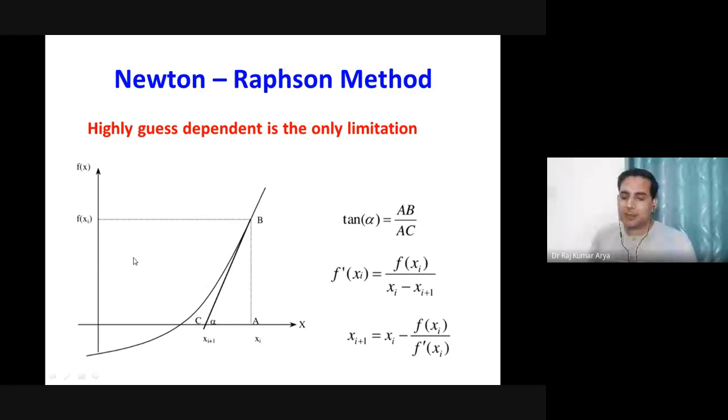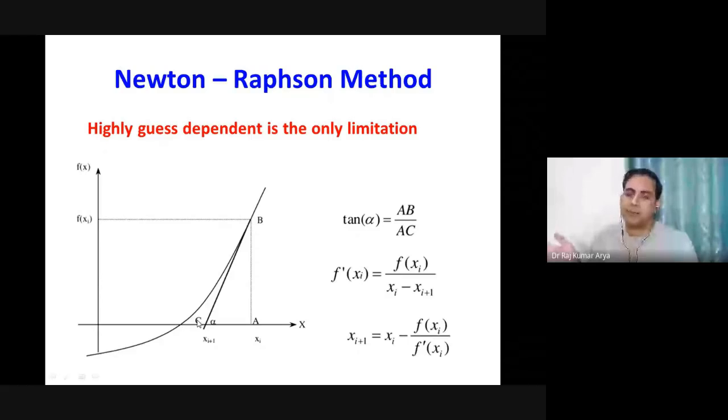So what you have here, let's say you have taken a guess value x1, you got the corresponding value of the function. From there, you draw the tangent. It will intersect the x-axis again. So you moved to this particular place faster. Now from here, you will reach this point, again draw the tangent.